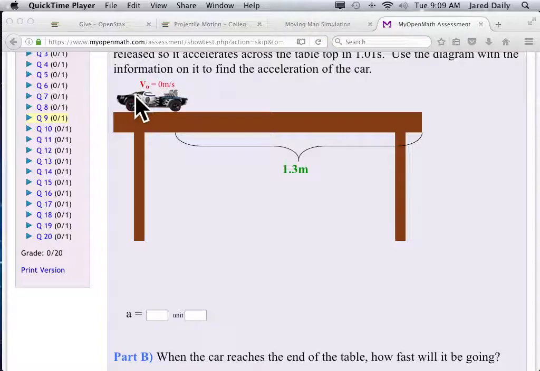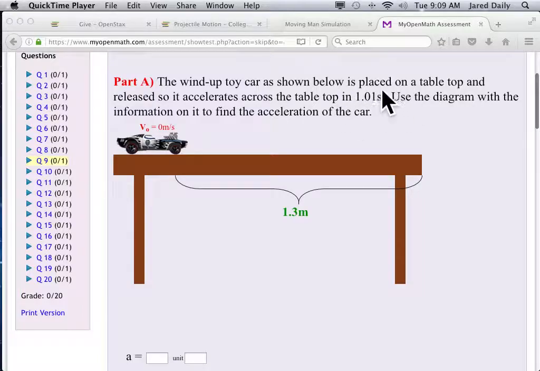No, that's not going to help us because we don't know the acceleration, right? We can't use that one, sorry. We have to use one that has time in it because we have the time. Oh, we want to find the acceleration. Never mind, that isn't it.